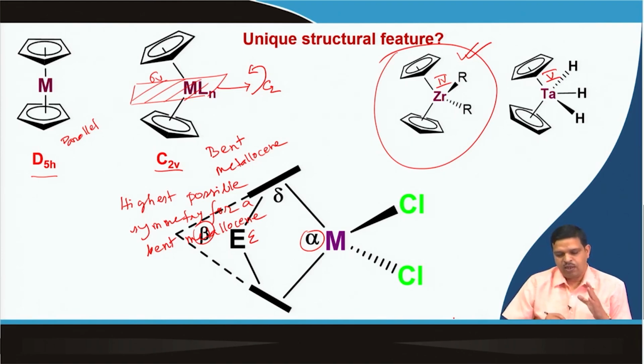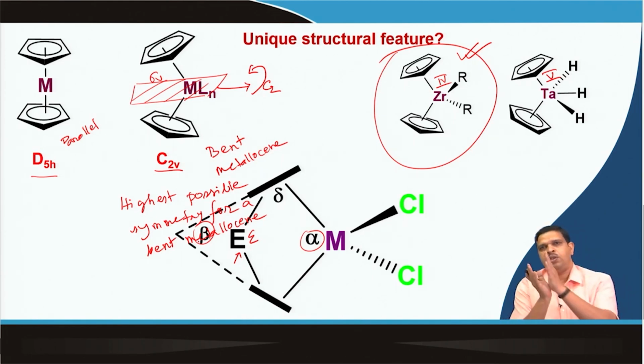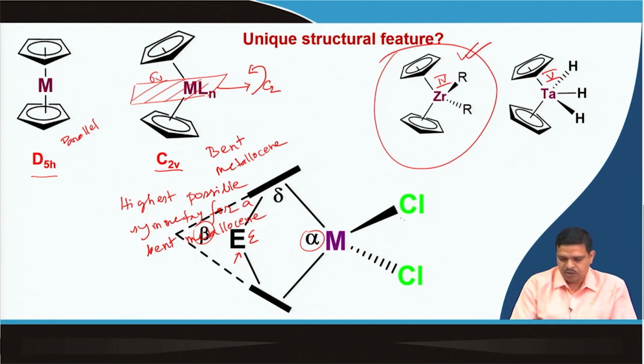Suppose I need a lower beta angle or higher beta angle, accordingly I will choose my bridging atoms or number of bridging atoms. Depending on the beta angle, the openingness of the metallocene will also be changed.